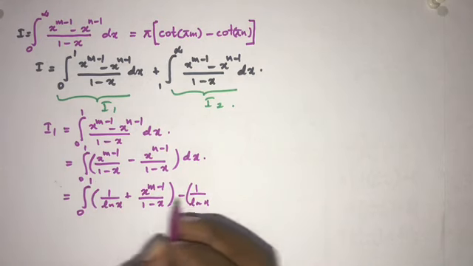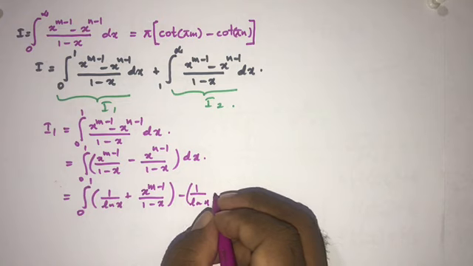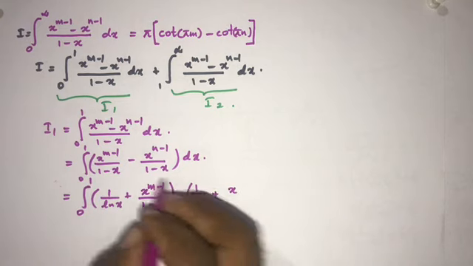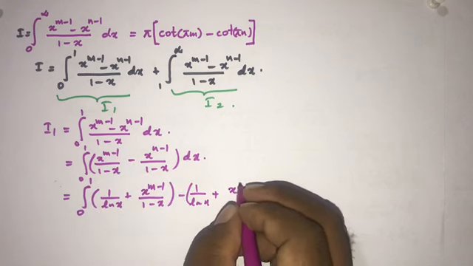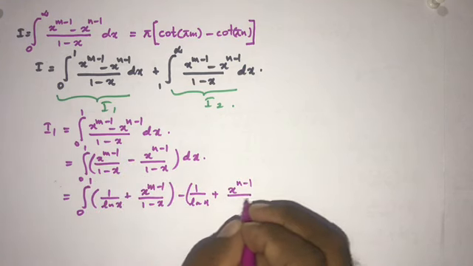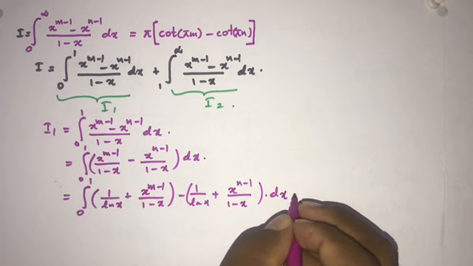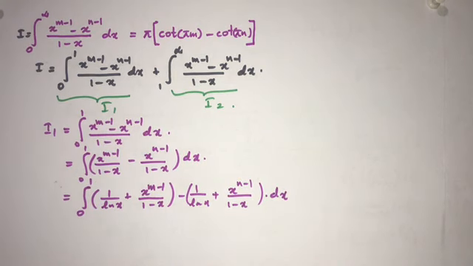Now natural log of x gets cancelled, and here plus because here minus, so x^(n-1) over (1 - x) dx. Okay, now this is familiar to us because we discussed it in a previous video. However, how to evaluate this integral?